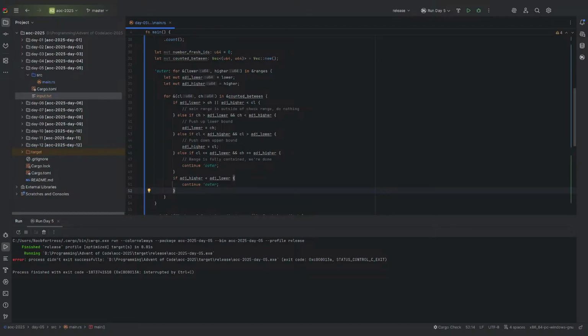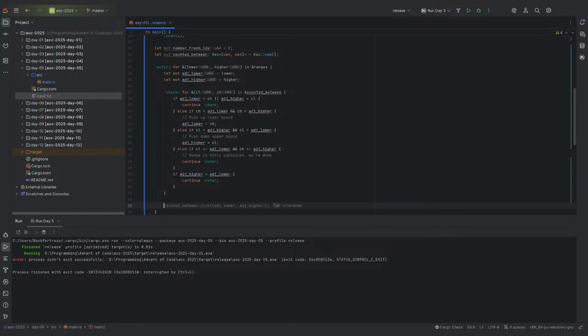Once we've gone through all possible ranges, the only things left here should be just like this. Continue check just to be good.